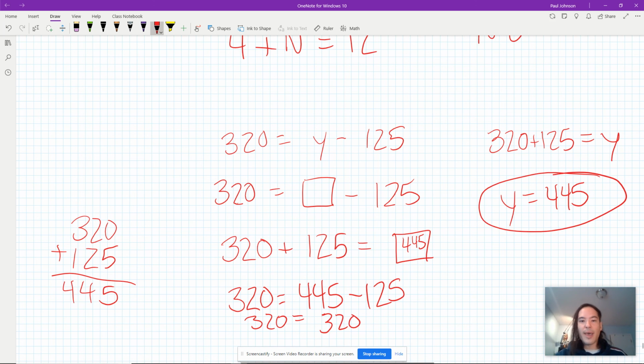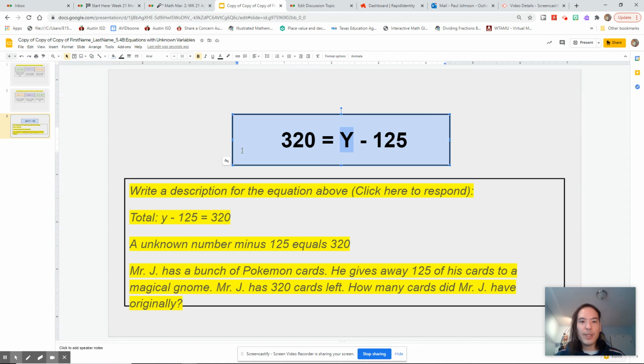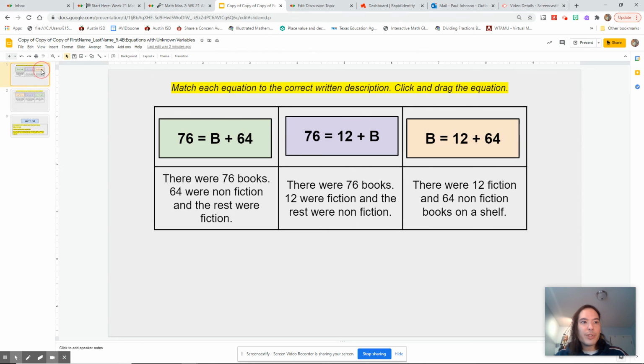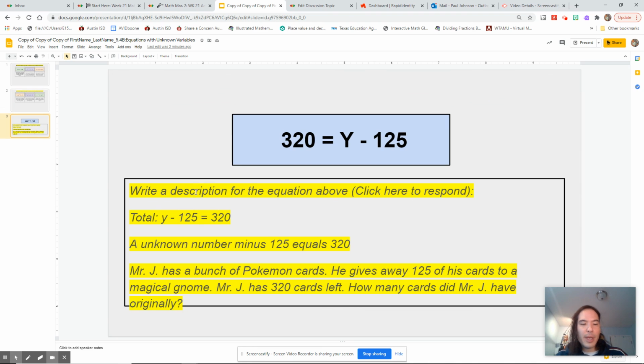That means our y right here would be 445. That's what we're solving for. So that would be how to solve that problem as well. So remember, first two pages match the equation with the word problem, and then on this last page, you can either explain what you're looking at right here, or you can write your own word problem.